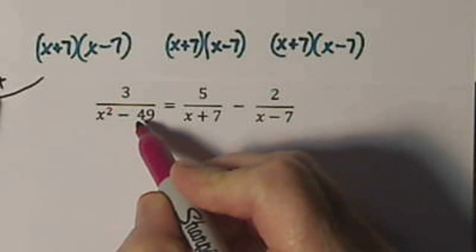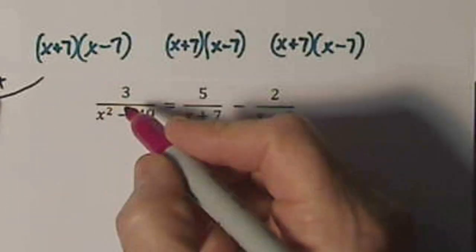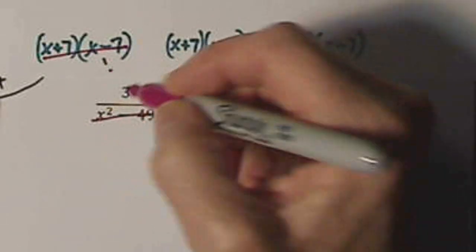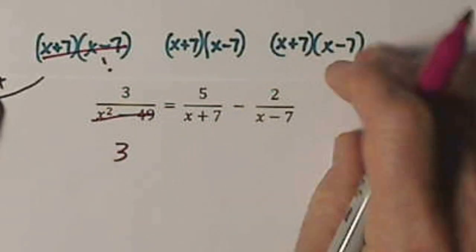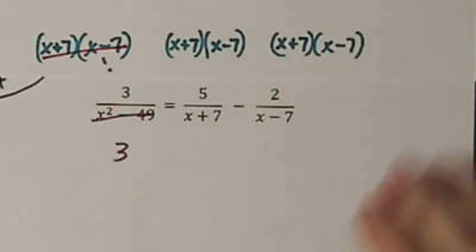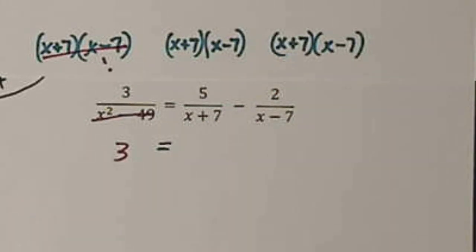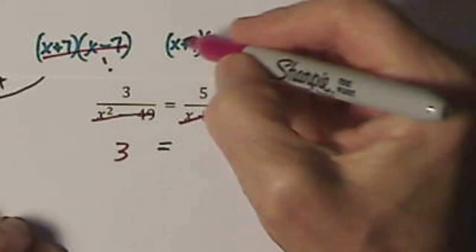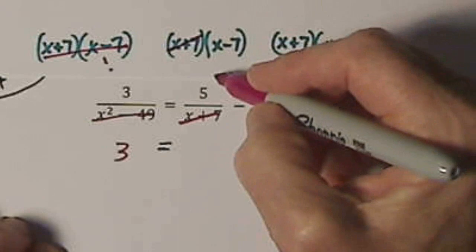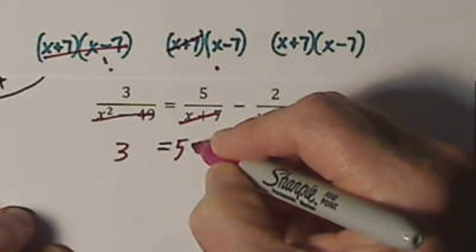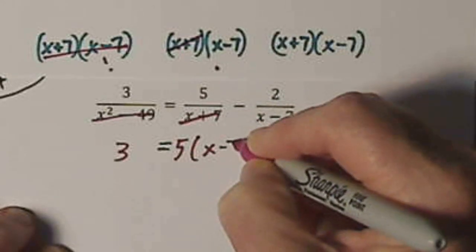Remembering that x squared minus 49 is all that, this goes into that one time. So it's 1 times 3 turns into just a 3. Bring down our equal sign. Then x plus 7 goes into x plus 7, and you're left with x minus 7 times 5. Alright? So there's 5 times x minus 7.